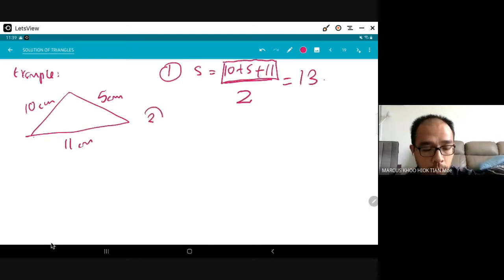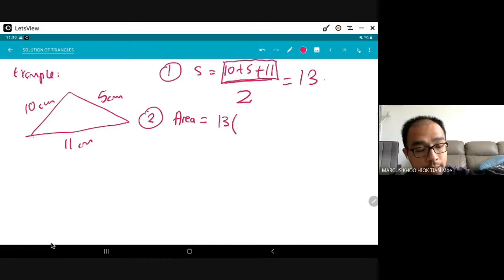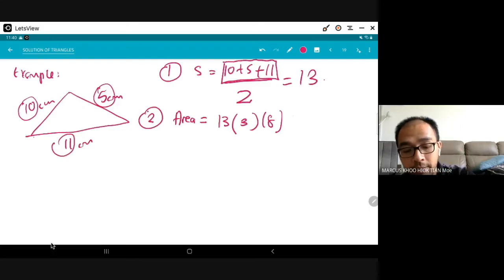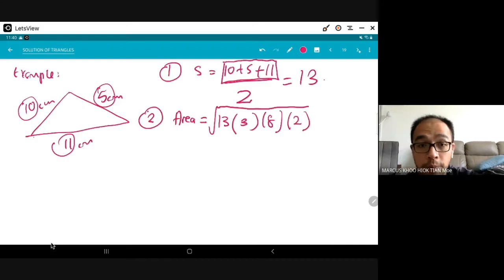Okay, so Heron's formula, area equals square root of S is what? S is 13 times, then this one will be 13 minus 10, which is 3. Then 13 minus 5 is 8. And then 13 minus 11 is 2. Everything under the square root.